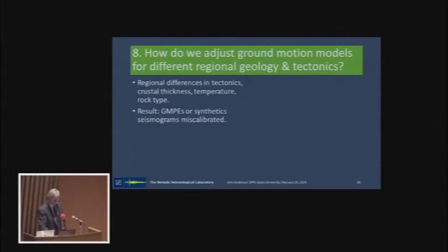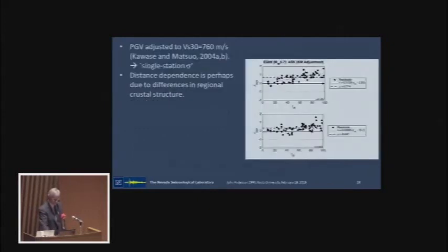Okay. And one other question then related to GMPEs, how do we adjust these models for differences in the regional geology and tectonics? So, for instance, these are the residuals, so the observations corrected using the Kawase and Matsuo corrections, as a function of distance for these different stations. And these are residuals from one of the models that we use in the western United States.